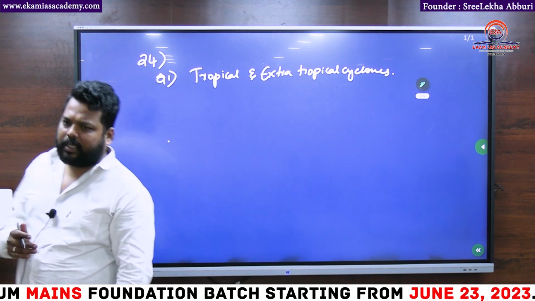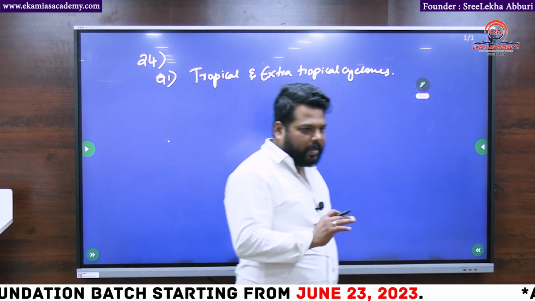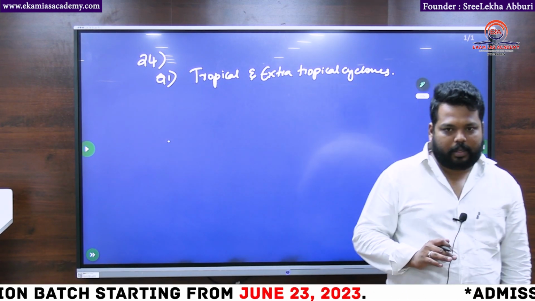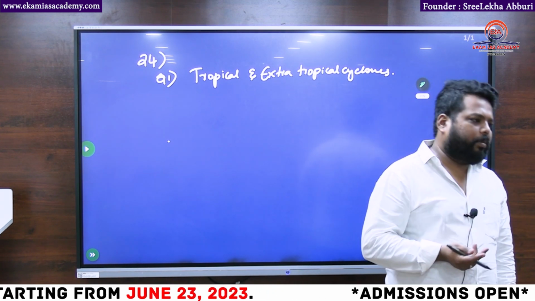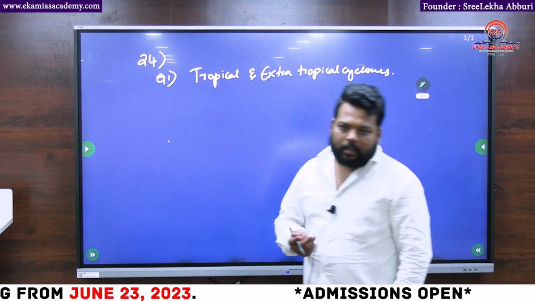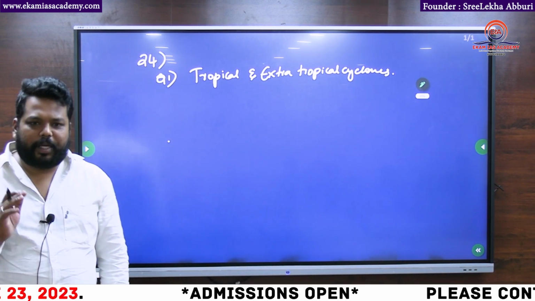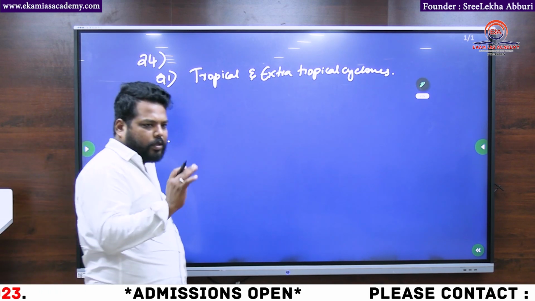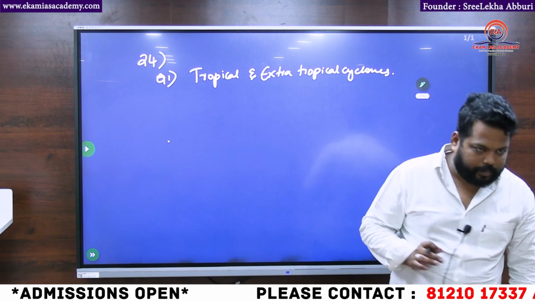Climatology in the present context has become very important exclusively in the UPSC mains examination. At least one question, sometimes 2, they opt to ask from climatology. So make sure that whenever you read the geography core, you don't miss any topic from climatology.